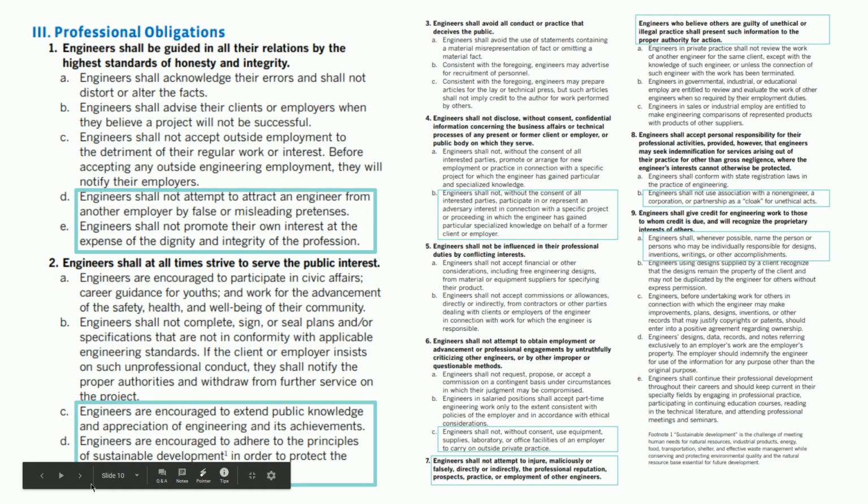I'm skipping over a lot of the stuff here. I'm not going to read all of this. This is in the third section of professional obligations. The Code of Ethics lists several different kinds of ethical obligations that engineers have, from things like don't use the equipment of your employer without their permission, to not using your association with a non-engineer corporation or partnership as a cloak for unethical acts.